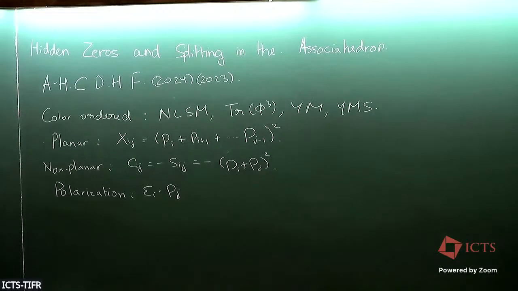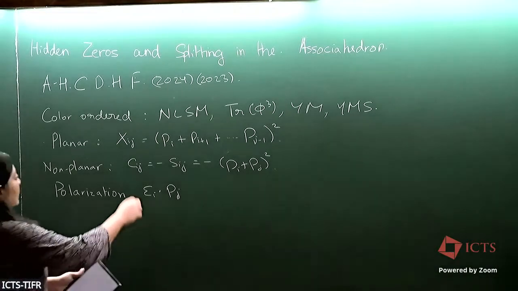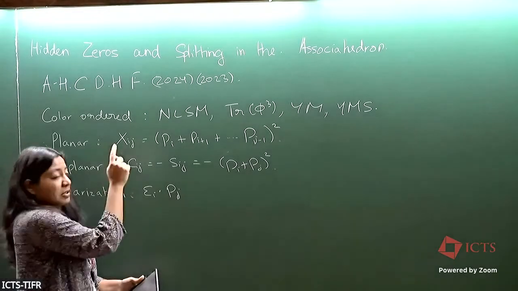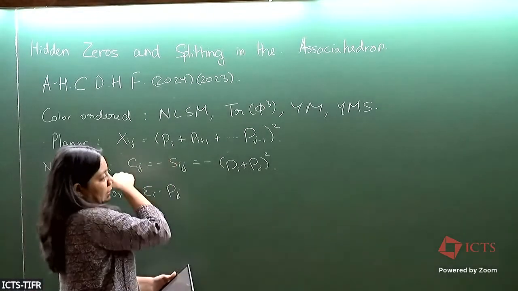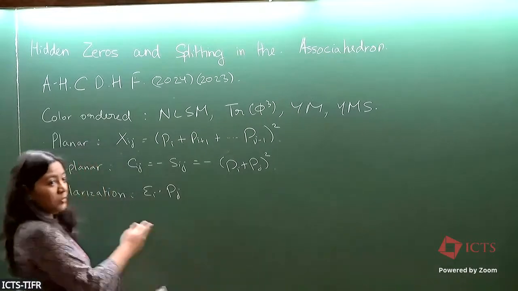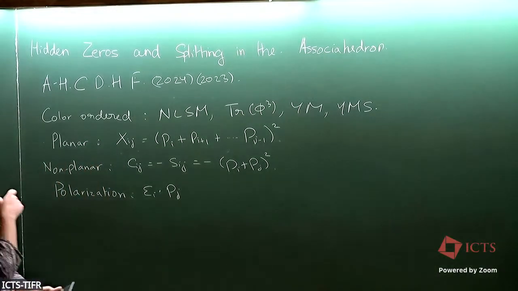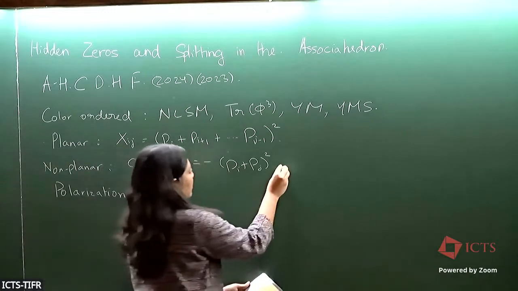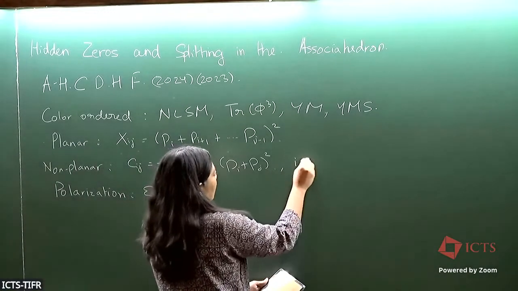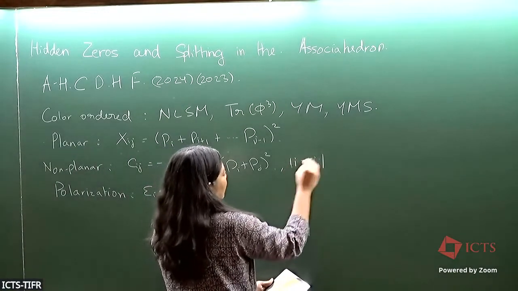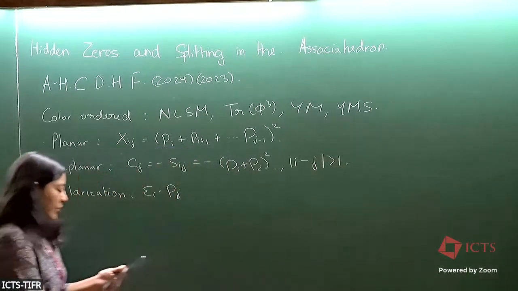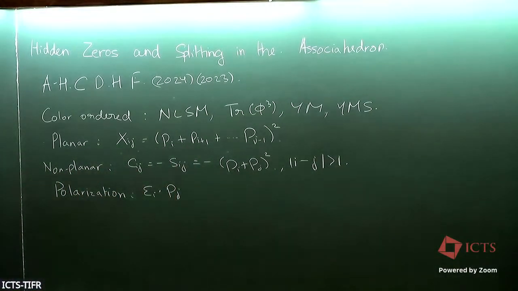Okay, good. And so clearly, when you have a color-ordered theory, the only poles that you have in your amplitude are going to occur when xij's are 0, and not when cij is 0. Now, clearly, there are some exceptions, so I should say cij when i minus j is greater than 1. Yeah, so there are no poles, and in addition, this forms a basis.